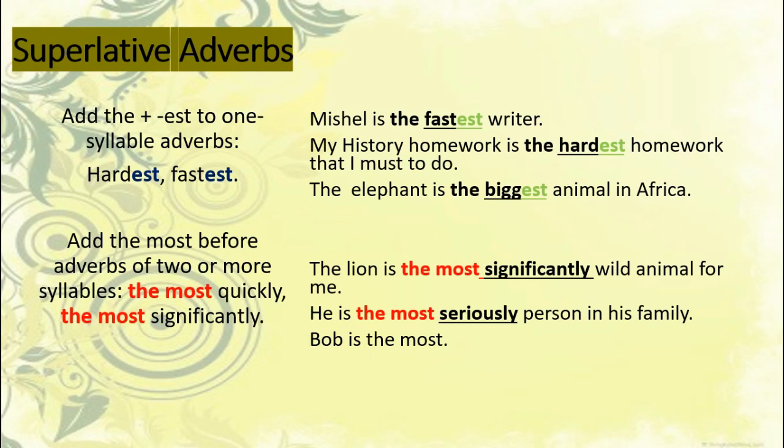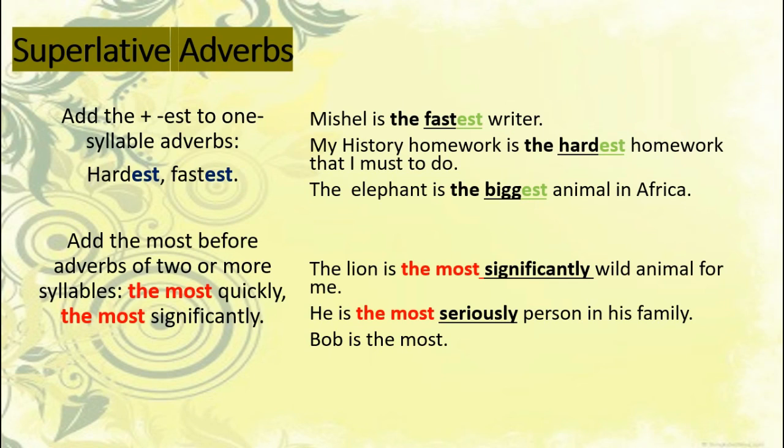The elephant is the biggest animal in Africa. In this case, we use only the article the and we add est at the end of the adverb because this kind of adverb has only one syllable. Fast, fastest, hard, hardest, big, biggest.